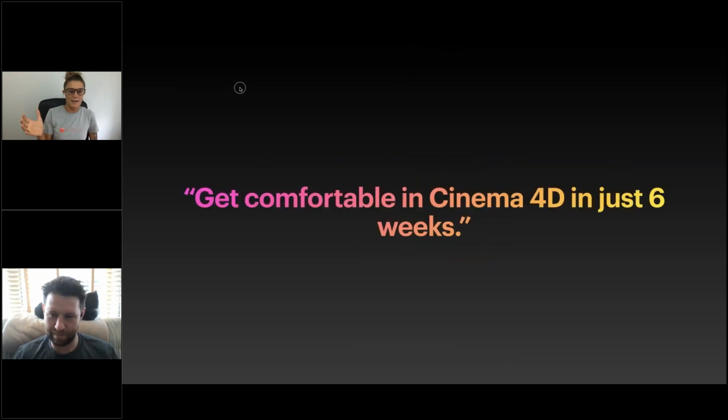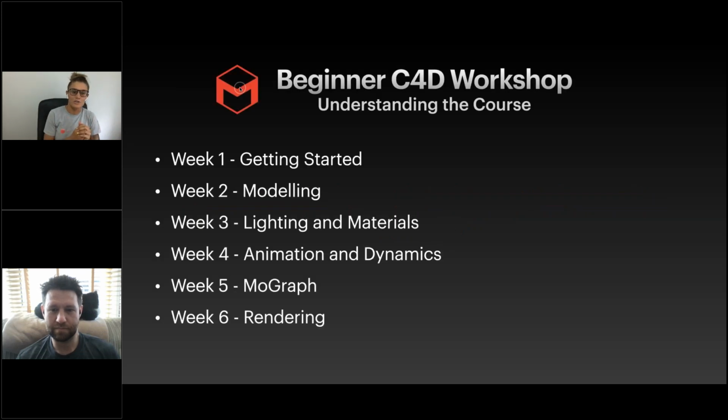So, just a little recap in case anyone wasn't here last week or hasn't caught the recording yet on YouTube. The idea of this hands-on workshop is to get you comfortable in Cinema 4D in just 6 weeks. We broke this down into 6 main disciplines inside of Cinema 4D, spread over the next 6 weeks. Last week was all to do with getting started inside of Cinema 4D.